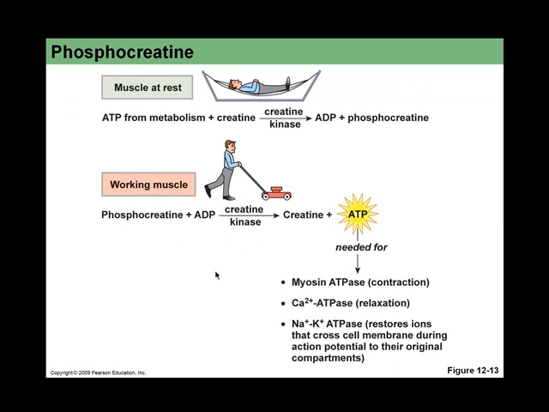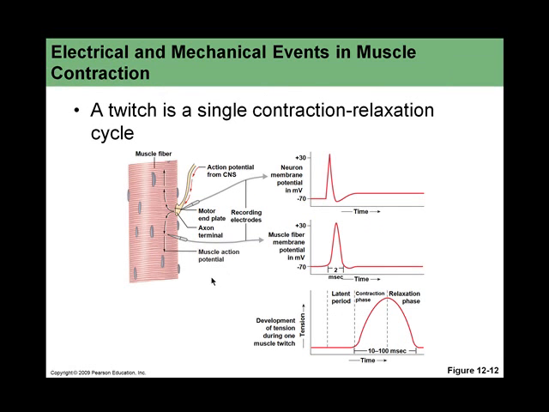So remember, assuming the ATP is present, all you need to do is to change the amount of calcium. Keep in mind that this is the single cell event with a single axonal input to it.